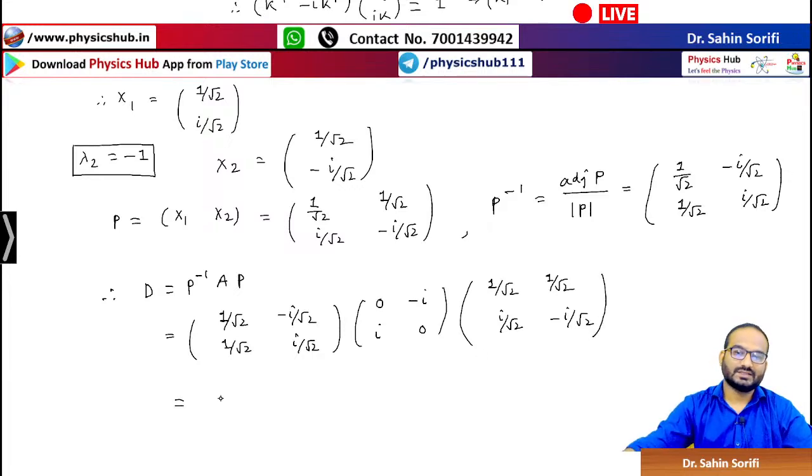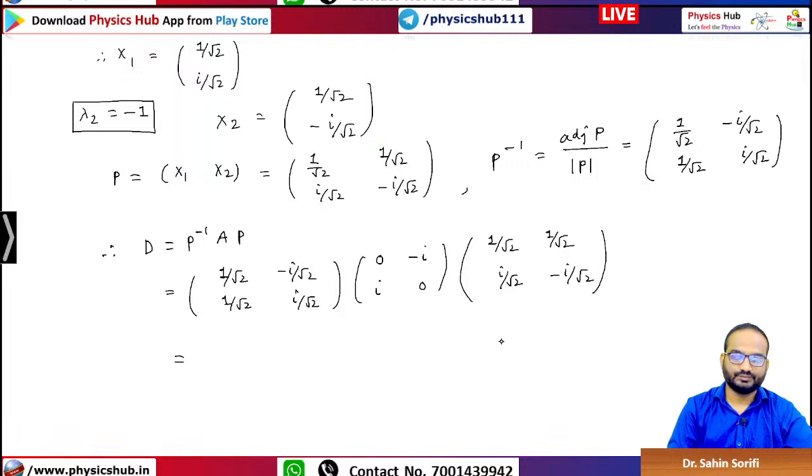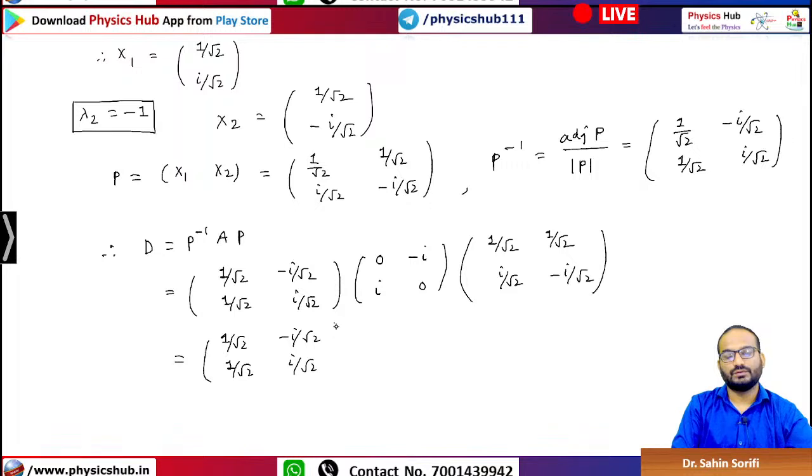So 3 products are there, so we can take 2 of them and multiply with the remaining. Let's say we keep the first matrix as it is, 1 by root 2, minus i by root 2, 1 by root 2, i by root 2.